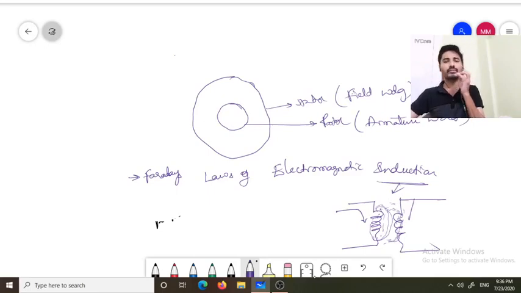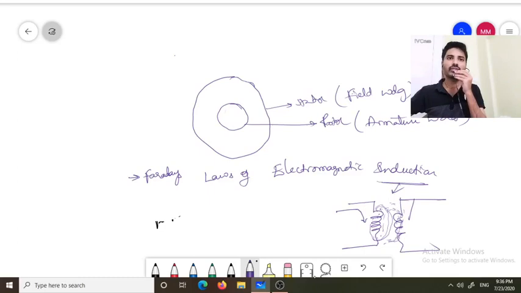Simply, electromagnetic induction is defined as the energy transfer from one circuit to another circuit without the aid of electrical connections. So we can define it in the same way. Now this principle is mainly based on Faraday's laws of electromagnetic induction.